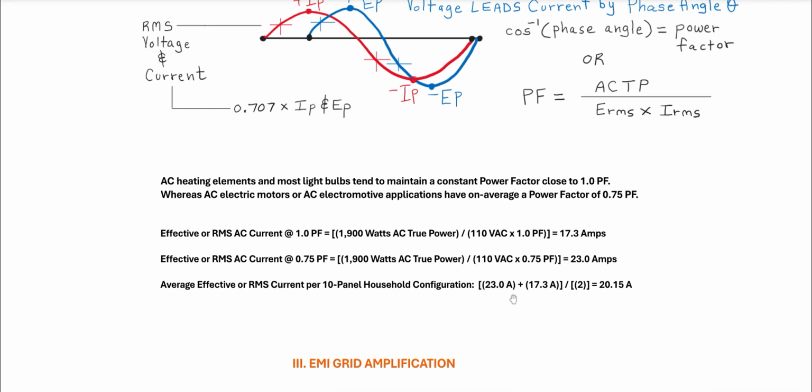So we'll just say 20 amps AC at 110 volts, 60 cycles per second, is what you can get out of 10 panels. That might seem pretty insignificant, but it might be perceived as being able to power maybe a refrigerator and a well pump or something, and that's about it, like backup power.